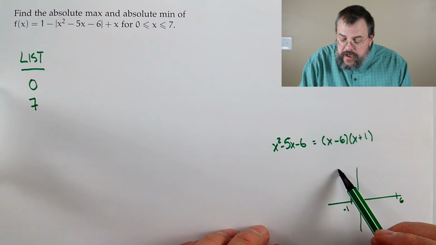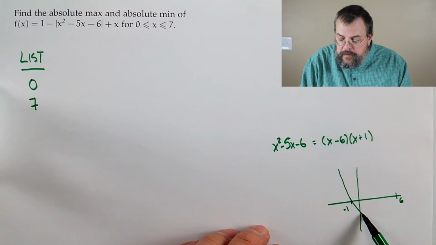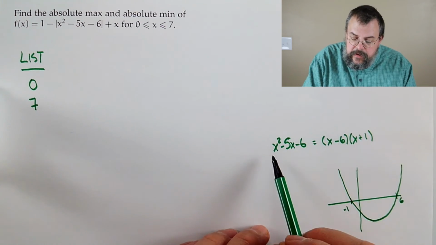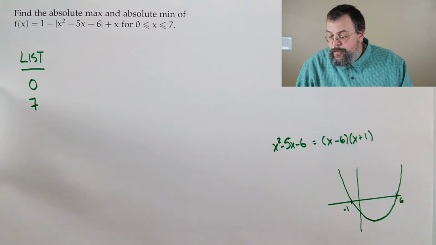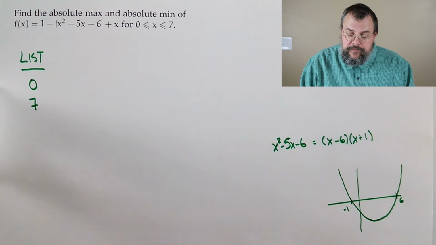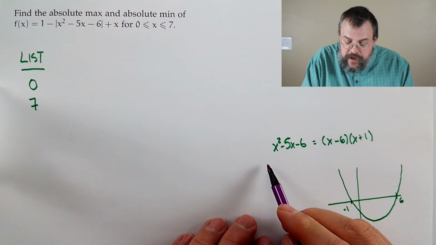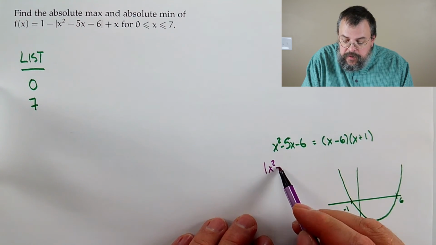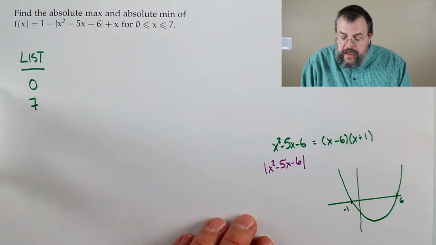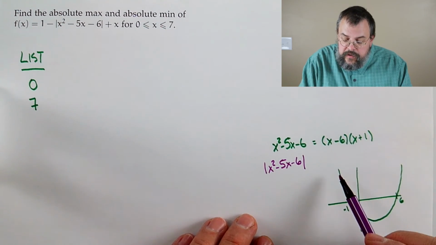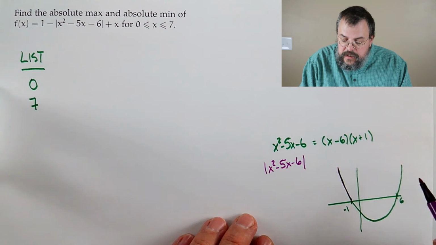So we have this parabola that's doing something. All right, so that's x squared minus 5x minus 6. Now, what happens if we look at the function absolute value of x squared minus 5x minus 6? Well, the answer is where the original function is positive, nothing happens.